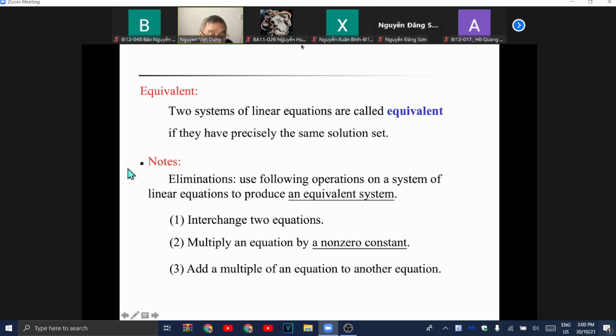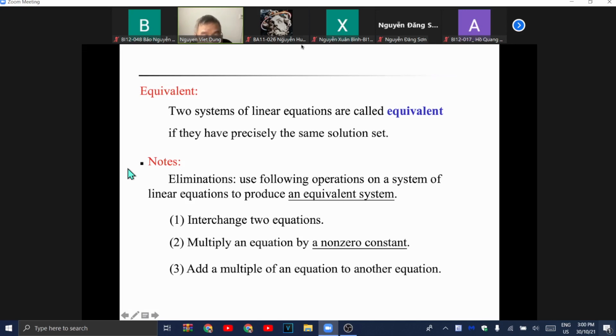But the new system must be equivalent to the first one, meaning it has the same solution set. To do that, in high school or here also, we use what we call elimination, or phương pháp khử.